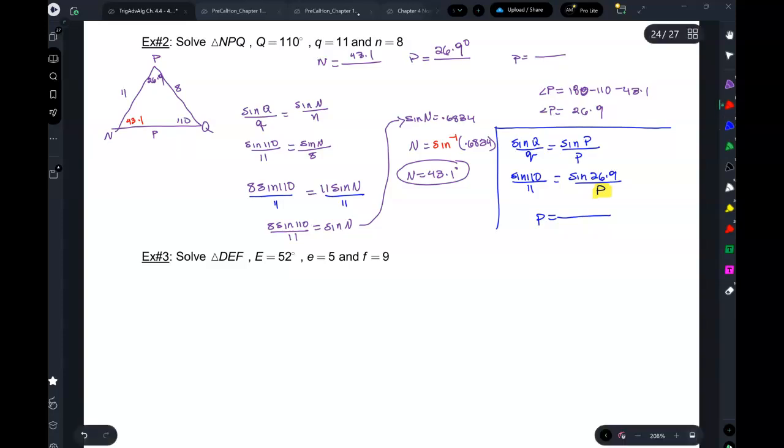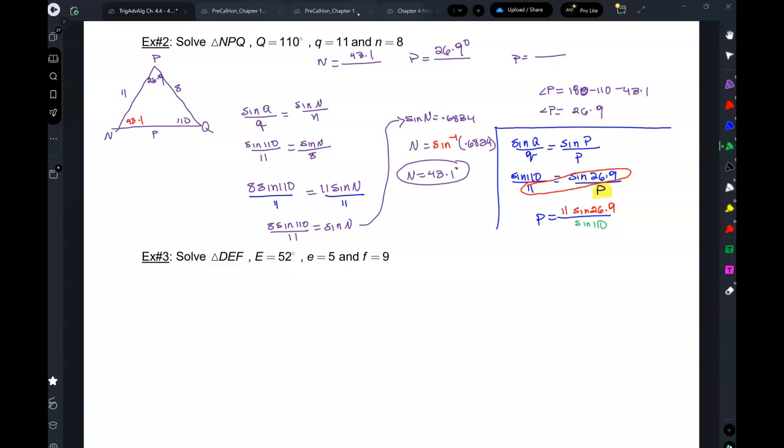Now look, take the diagonal that's full. 11 sine 26.9. What haven't I used yet? Sine of 110, that goes down here. You can use this all the time, okay?